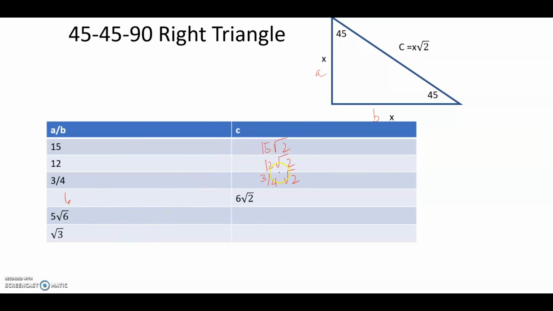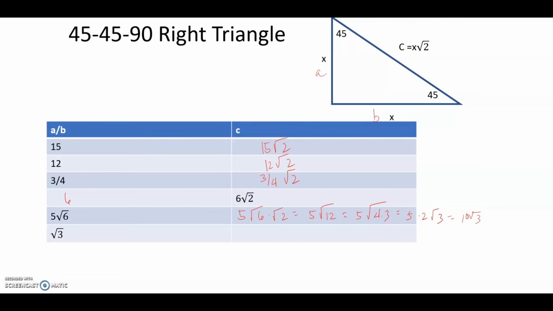We have 5 square root of 6, so that becomes 5 square root of 6 times square root of 2, or that's 5 square root of 12. You can factor this out, so you have 5, 4, and 3. So 5 times 2 square root of 3, or that is 10 square root of 3.